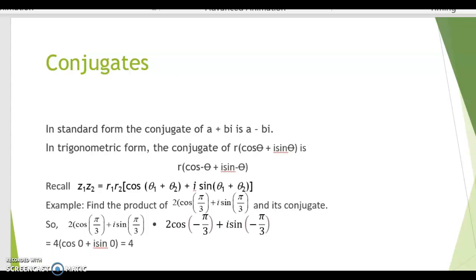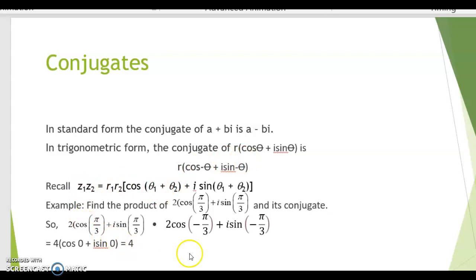Our final concept in this lesson, the conjugate. So in standard form, the conjugate of a plus bi is a minus bi. And in trigonometric form, the conjugate of r cosine theta plus I r sine theta is r cosine negative theta plus I sine negative theta.